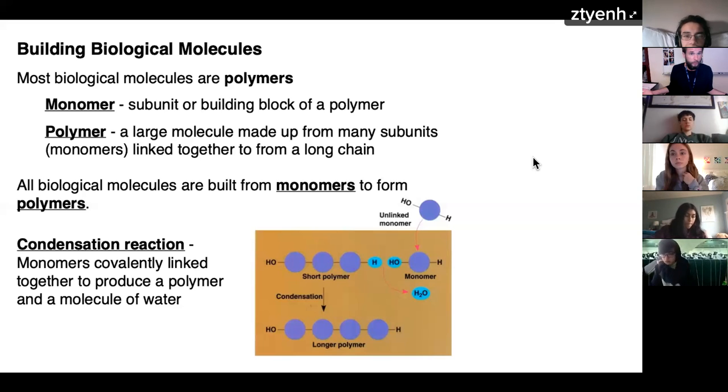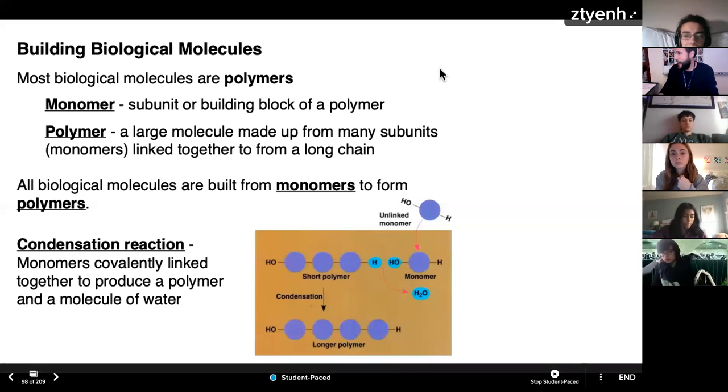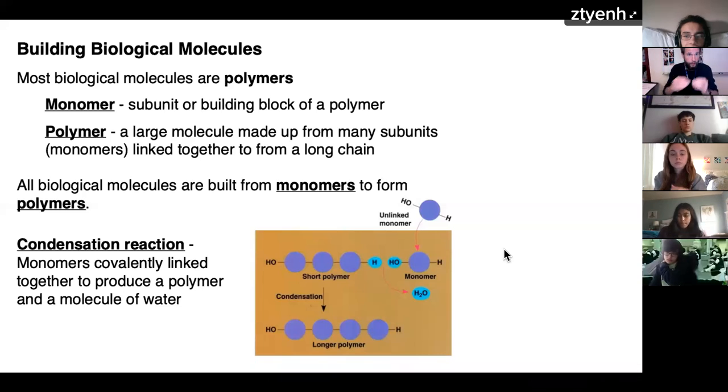And they're really simple. If I have a reaction, so I pull up my pen here once again, where I'm trying to put two monomers together, or in this example, I've got a short polymer, and I'm trying to add a single monomer to that short polymer.